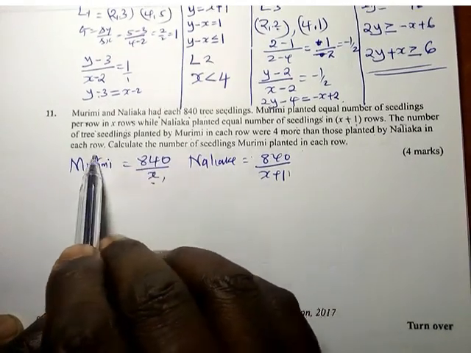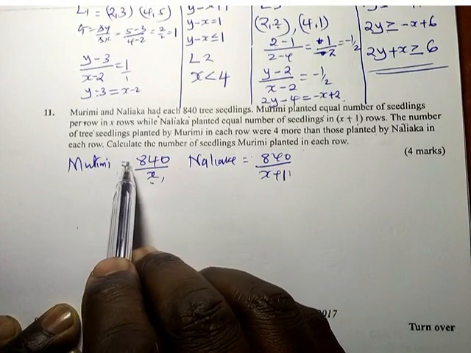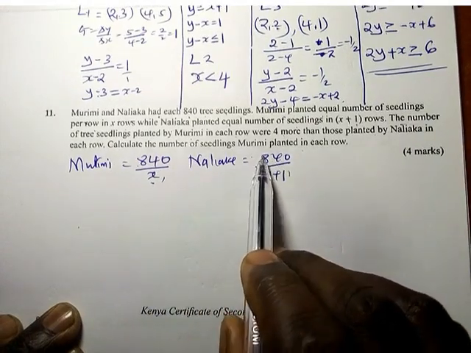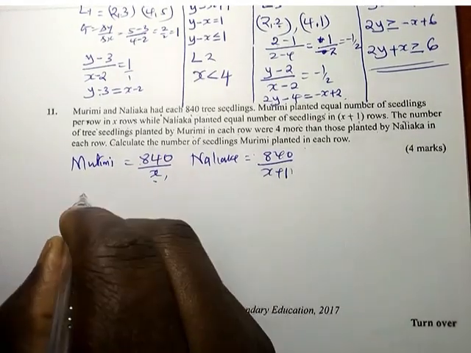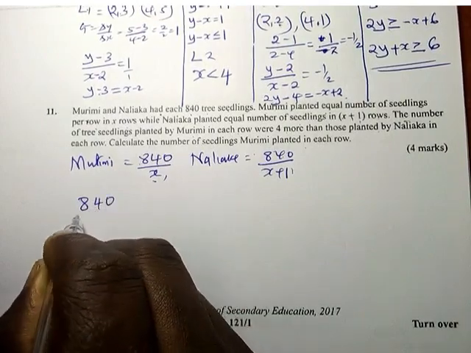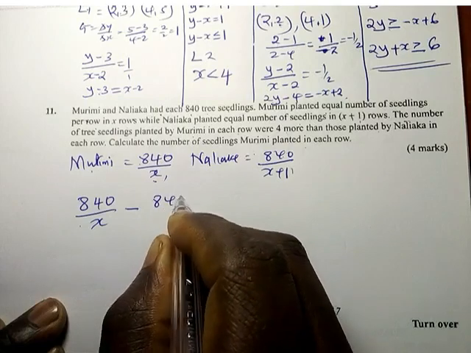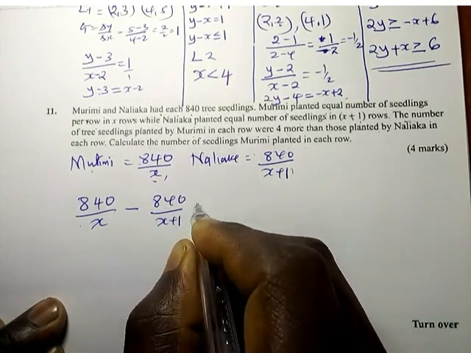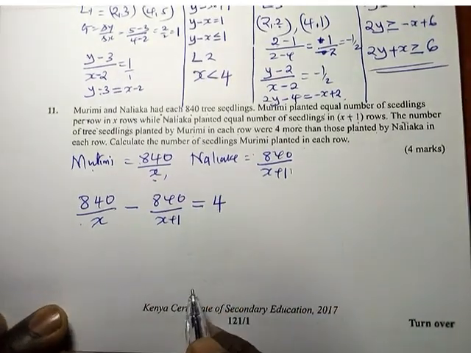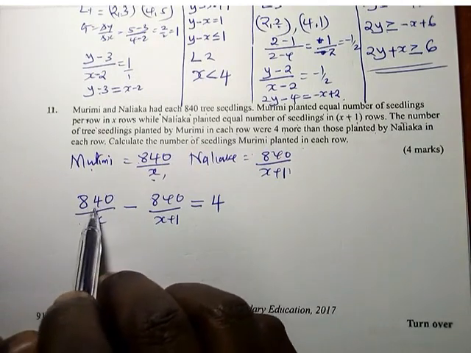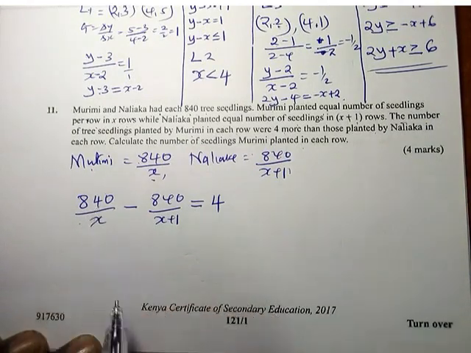So meaning tukitoa those for Mulimi minus that for Naliaka, the answer will be 4. So 840 over x minus 840 over x plus 1, the answer should be 4. Right? Because Mulimi alitengeneza 4 more.